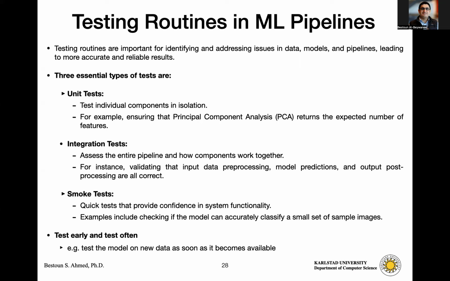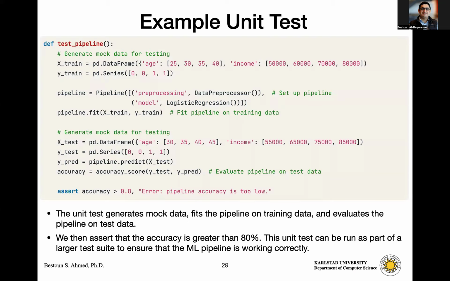Next slide. There is a very good practice to know, which is test early and test often. Test the model on new data as soon as it becomes available. Example of unit testing, how to do the unit testing: generate mock data for the testing. You have the model, you have everything in place. Now you want to test it, so you create a function for unit testing.